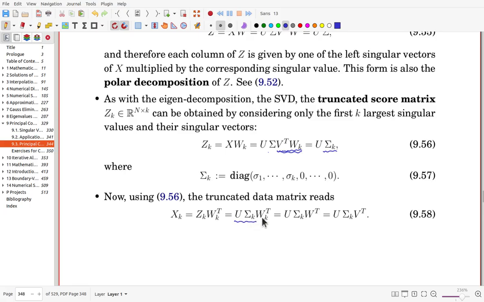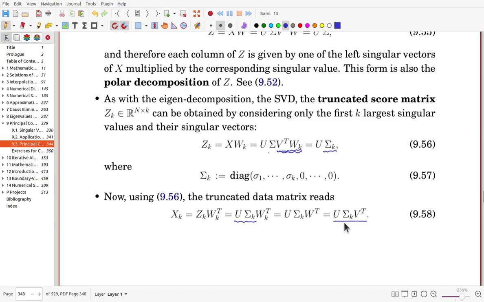So rather than K columns, we may try to use the whole weight matrix. However, it's not changing anything because sigma already has only K components and the remainder part is 0, so although this one is expanded, it's not changing. So we reach this approximation.